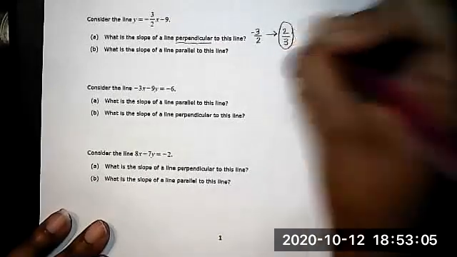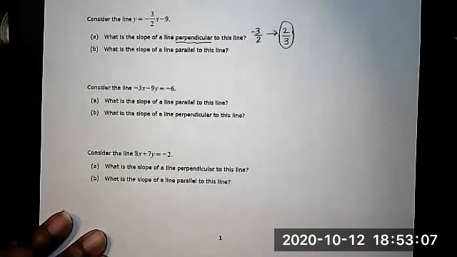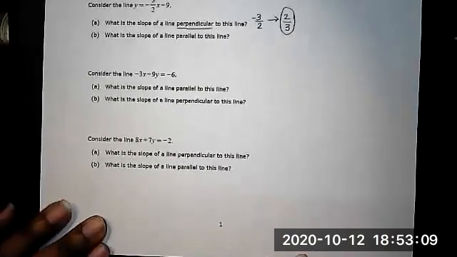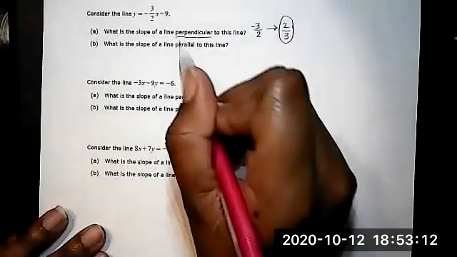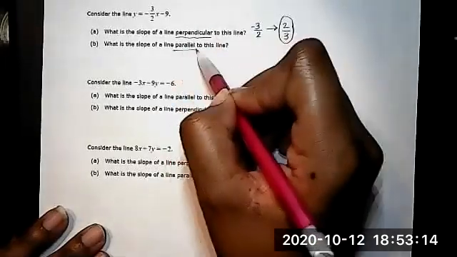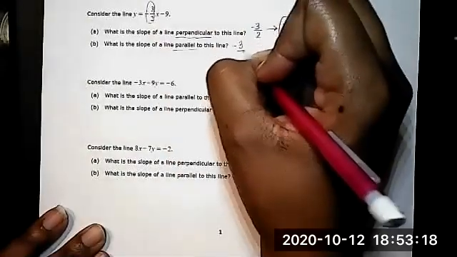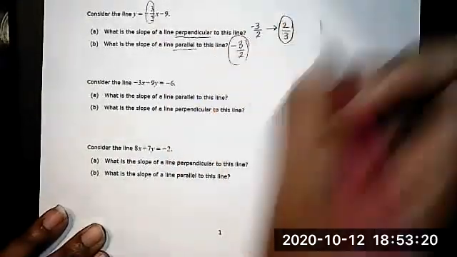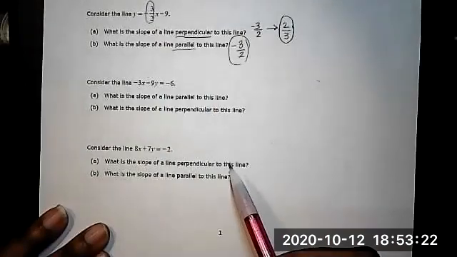This is your answer for the slope. And what is the slope of the line parallel? If it's parallel, it's the same exact slope. This slope right here is -3 over 2, so yours is going to be -3 over 2. That's your answer there.